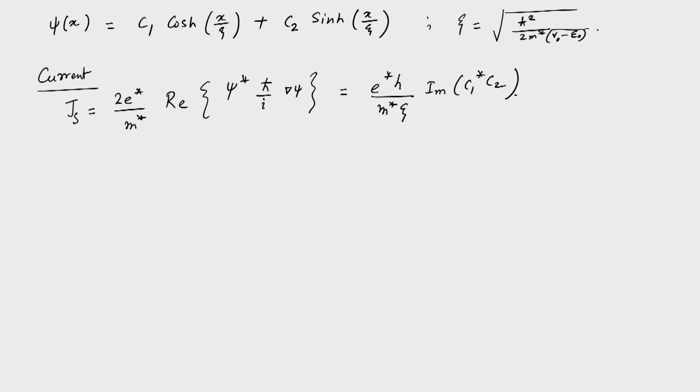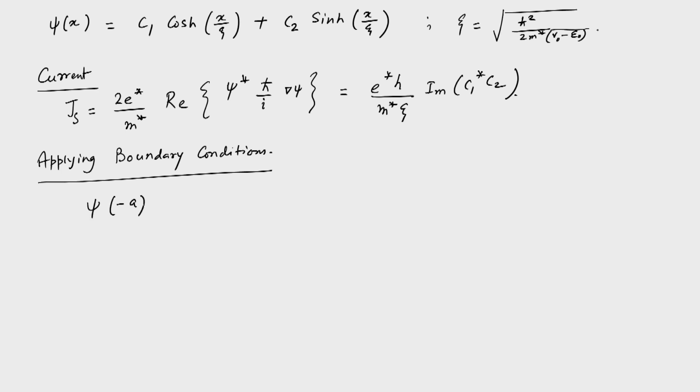That tells you that at the boundaries, applying boundary conditions, psi of minus a is basically equal to... What happens is that in this particular geometry, which we have drawn in the last slide, we have minus a to plus a, and a barrier V 0, and there is this epsilon 0.